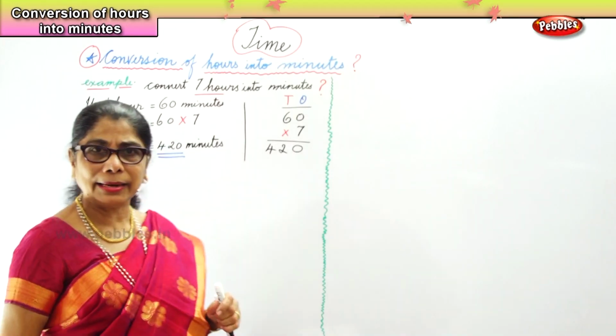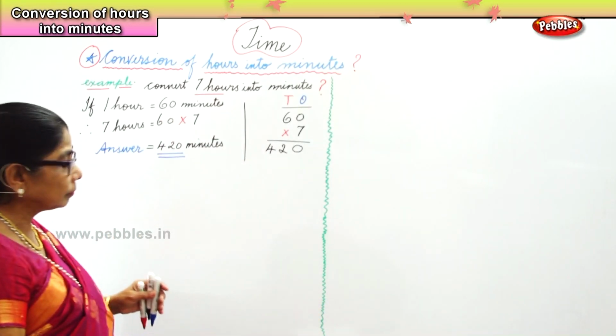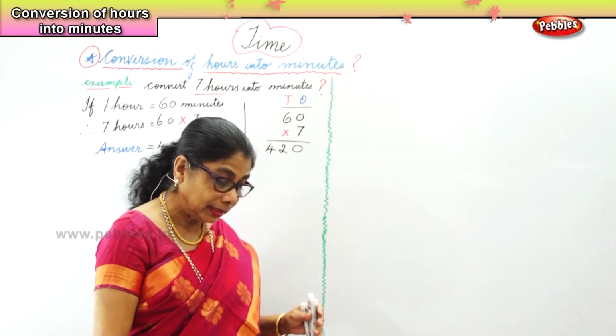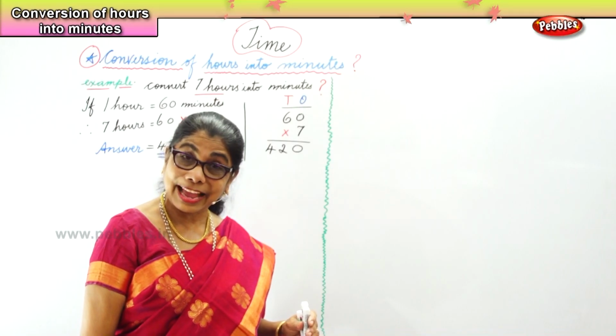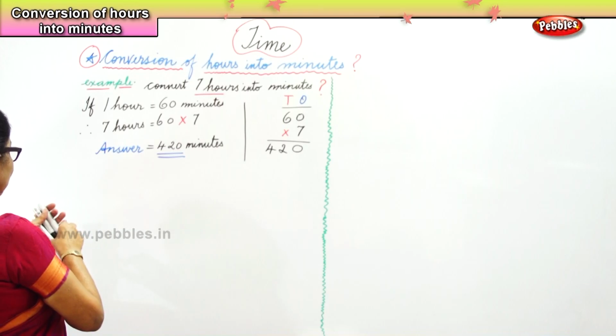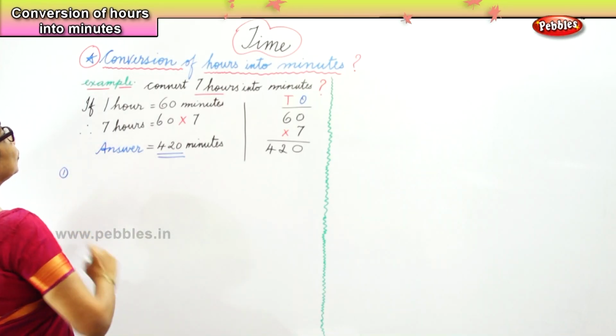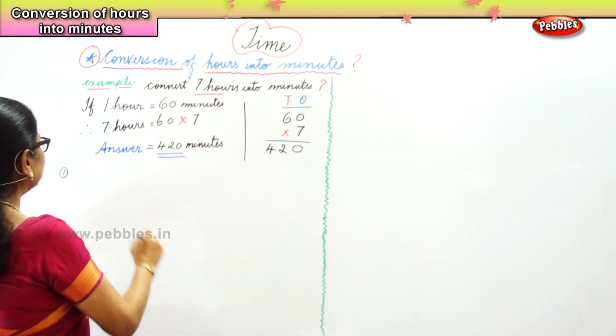Okay? Now let's work out another sum. You will convert 9 hours and 40 minutes into minutes.